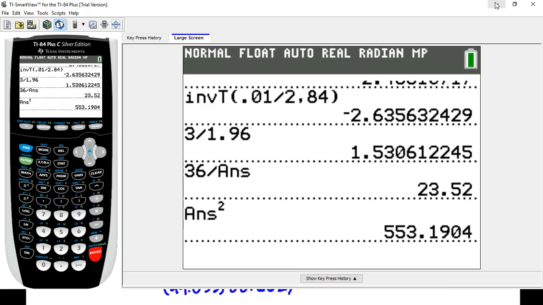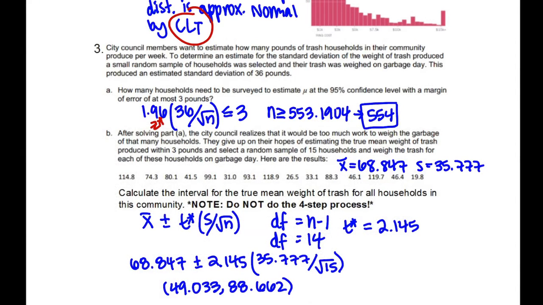So now I have 23.52 equals the square root of n, and I'll square that. So now our 3 steps are to divide again, and then square. So I'll write those on the page here in red. Okay, so first we divide the margin of error by the Z-star, and we have to use Z-star because we don't have a sample size to use T-star with.